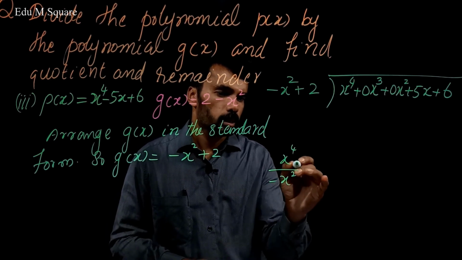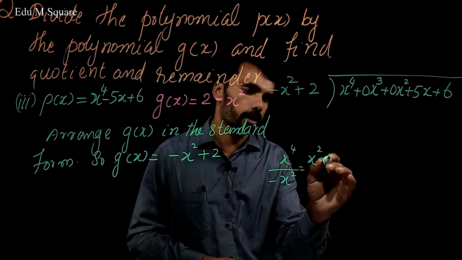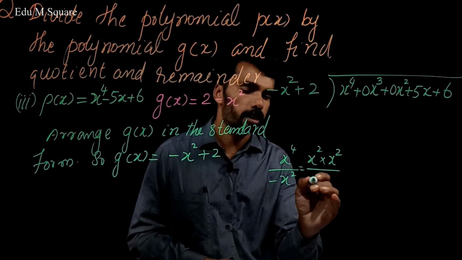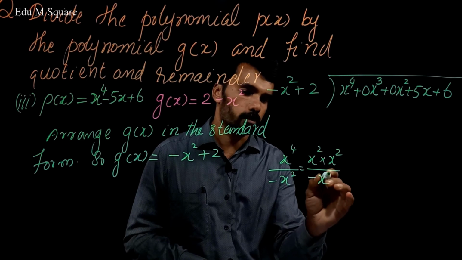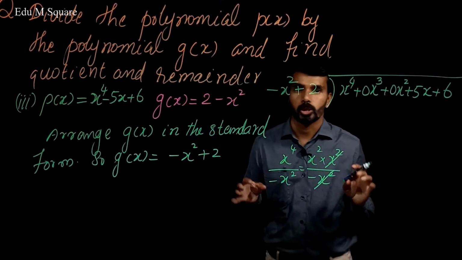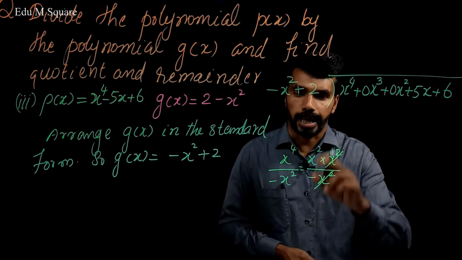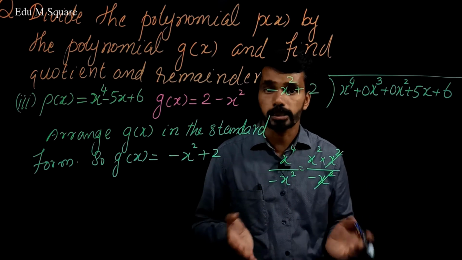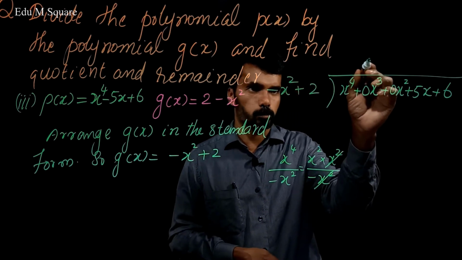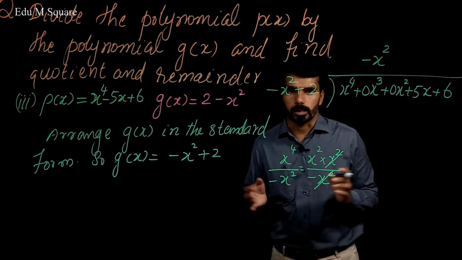We know x raised to 4 is x square into x square, divided by minus x square. So one x square we cancel from both numerator and denominator. Then what else remains now? X square divided by minus 1, that is minus x square. So that minus x square we write in the quotient.